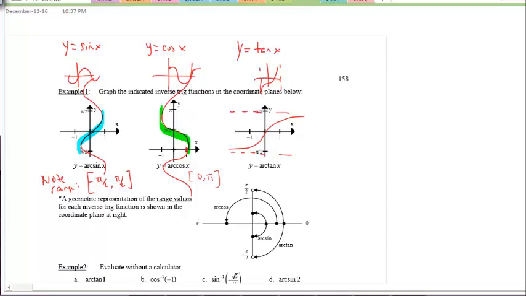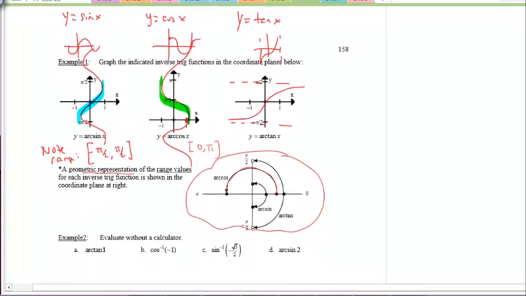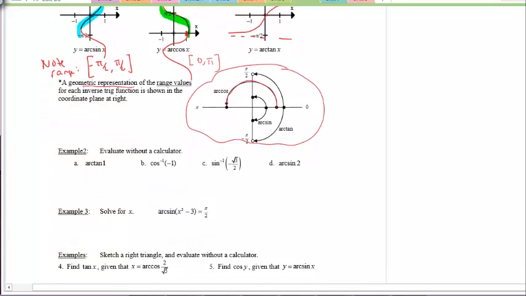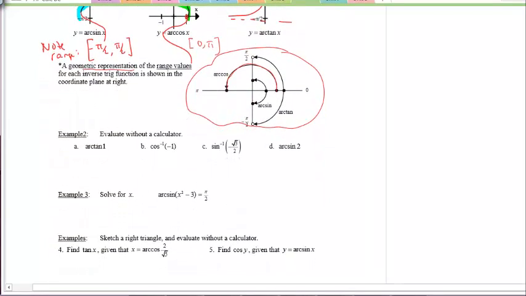And that's what I wanted you to see here. This here is a geometric representation of the range values of each inverse trig. Notice arc sine goes from negative pi over 2 to pi over 2. Arc cosine is the different one that goes from 0 to pi. And arc tangent is just like arc sine. Okay? So there's your introduction to the inverse or arc, sine, cosine, and tangent functions.